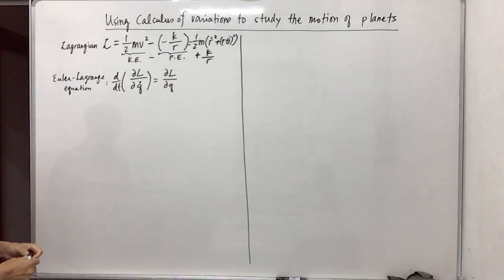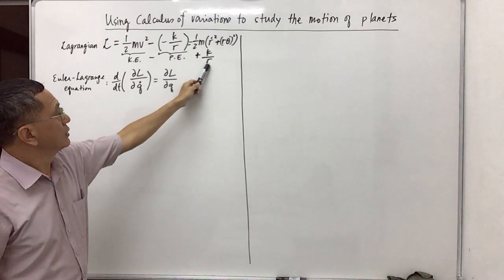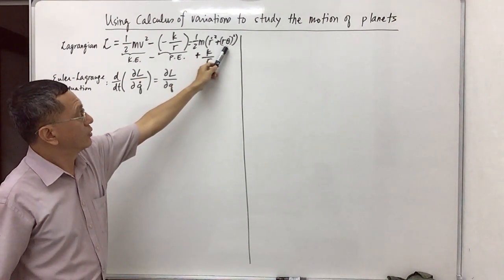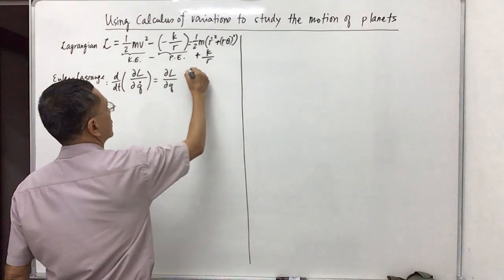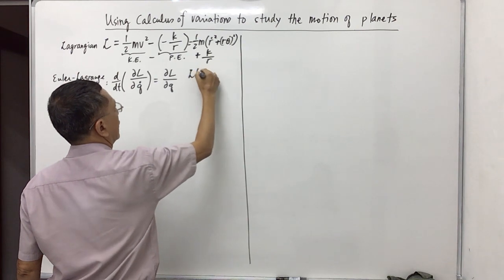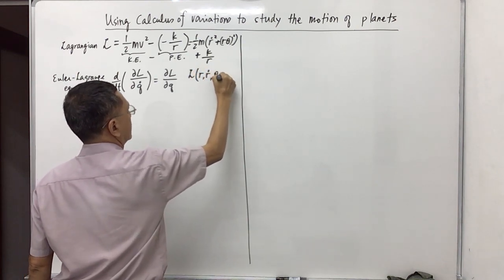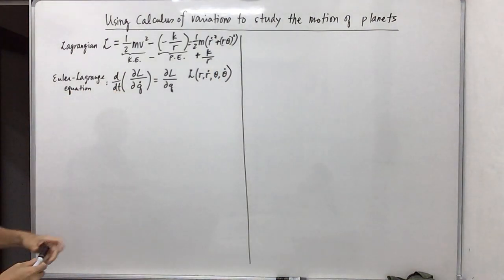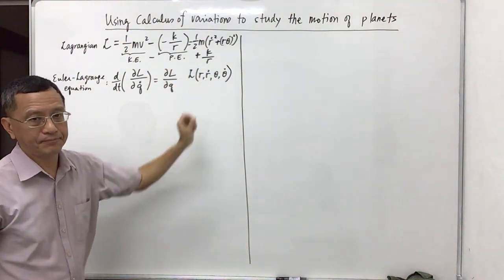You can see that there are a few variables related to L. First of all, there's r, then you have r dot, then you have theta dot. Although theta didn't appear, strictly speaking, the Lagrangian is actually a function of four variables: r, r dot, theta, theta dot. So we have to use partial derivative to represent it. So q is one of the coordinates, either r or theta.